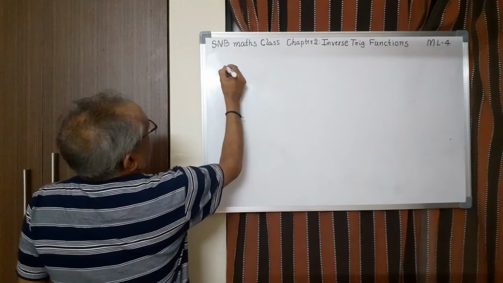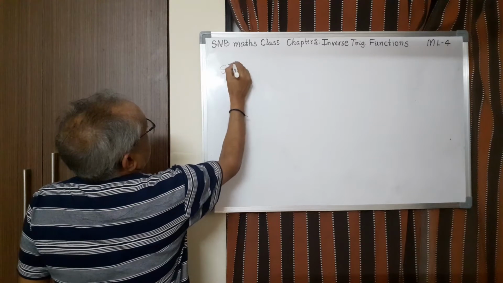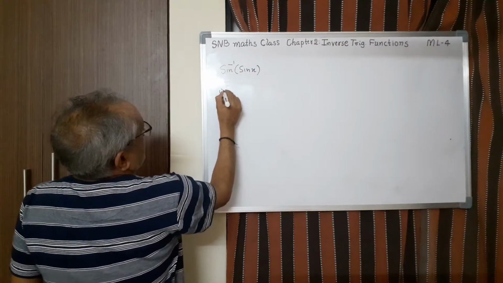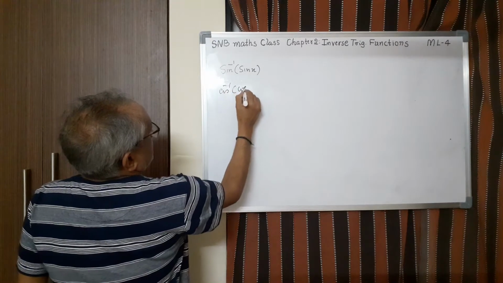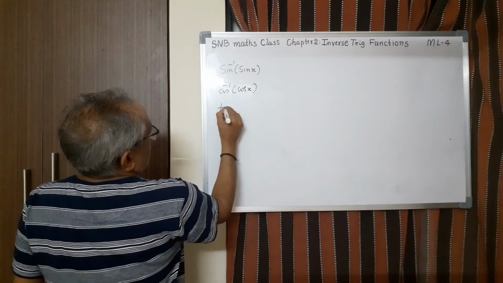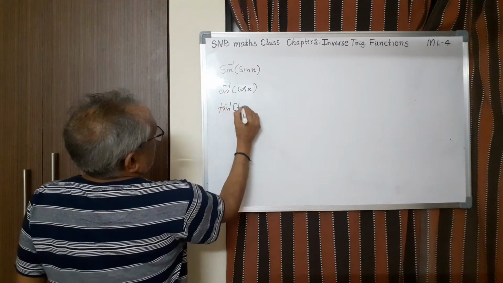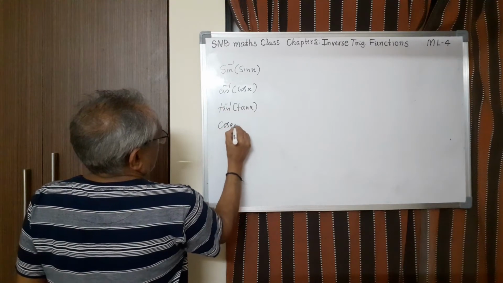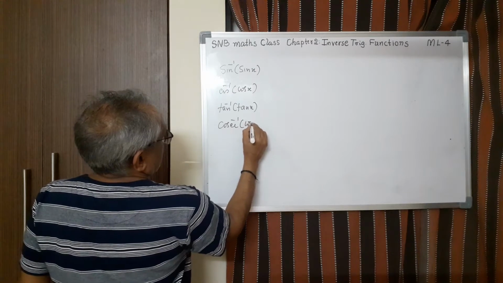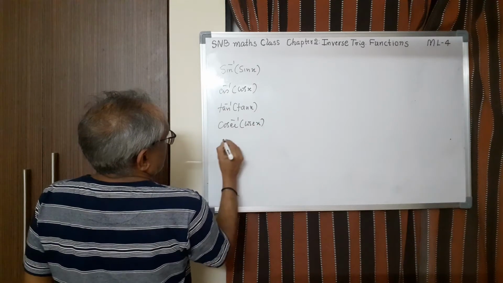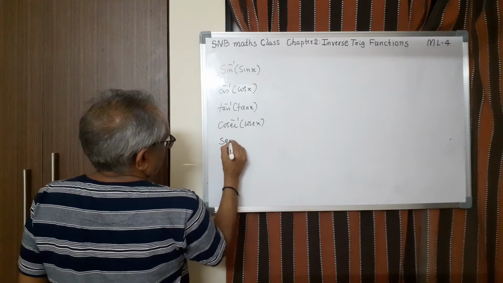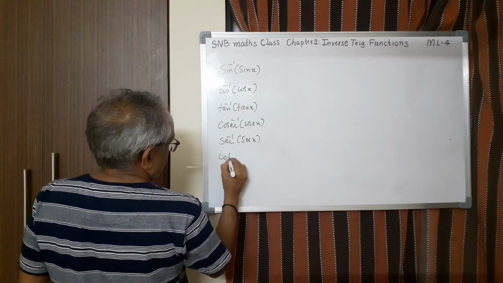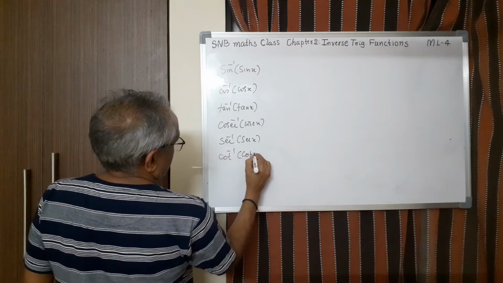See, the first one is sine inverse of sin x, cos inverse of cos x, then tan inverse of tan x, and cosecant inverse of cosecant x, then secant inverse of secant x, and cot inverse of cot x.